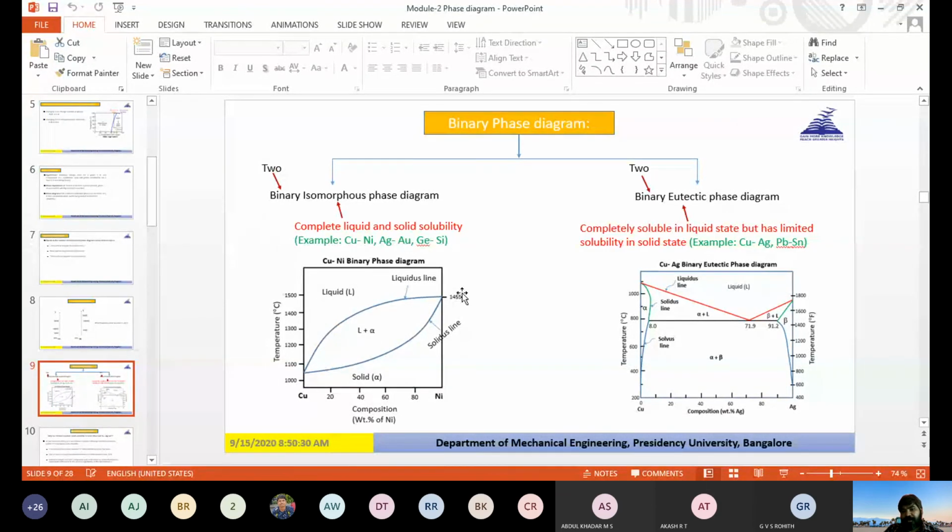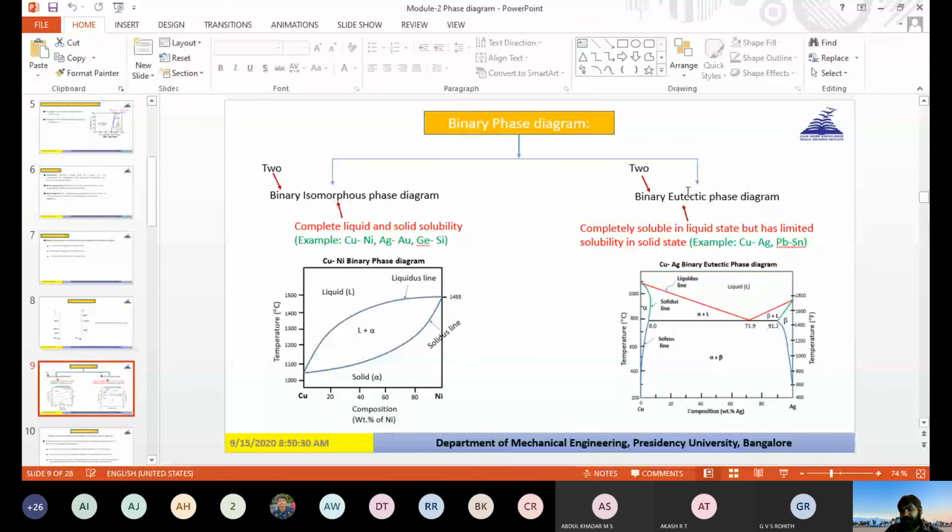Now, when the two components that have been added are completely soluble in the liquid state but have limited solubility in the solid state, then for such a system we get a diagram that is known as the binary eutectic phase diagram. Why binary? Because there are still only two components. Eutectic means completely soluble in liquid state but limited solubility in solid state.